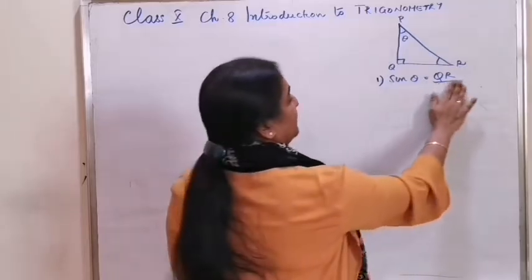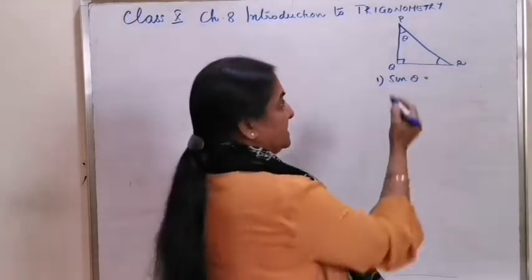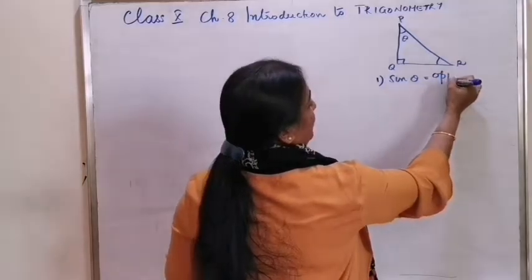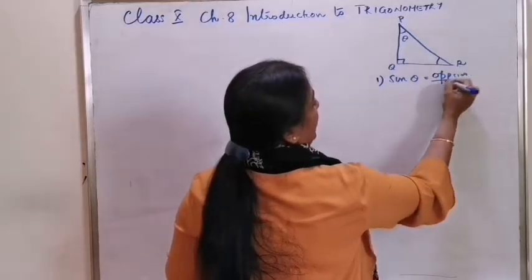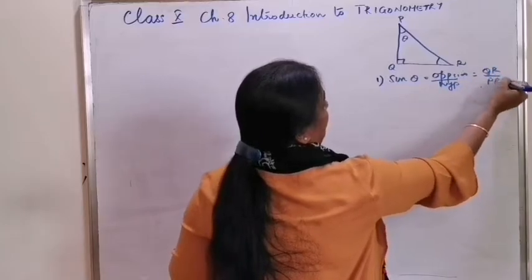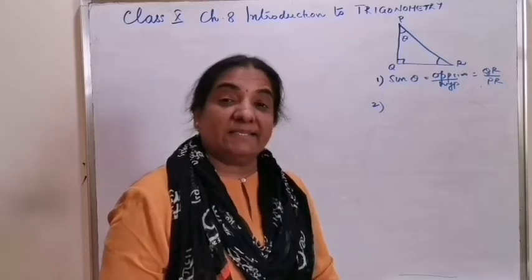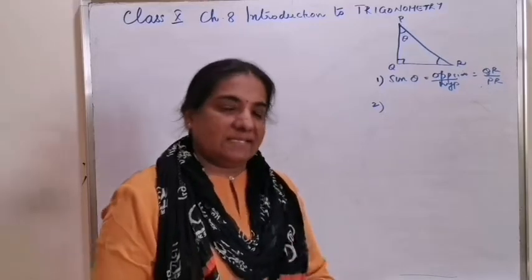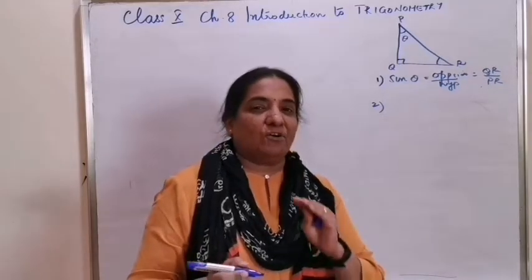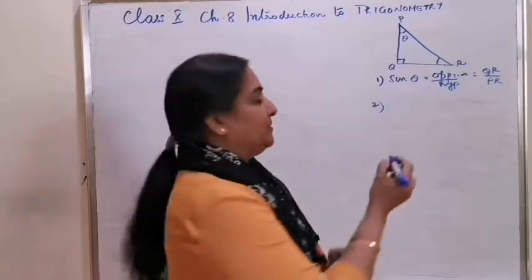Or till you are thorough with the concept, you can write the definition as sine theta is equal to opposite side by hypotenuse, which is the same as QR by PR. The second ratio is cosine theta, or cos theta. What is the basis of cos theta? It is the adjacent side by hypotenuse.